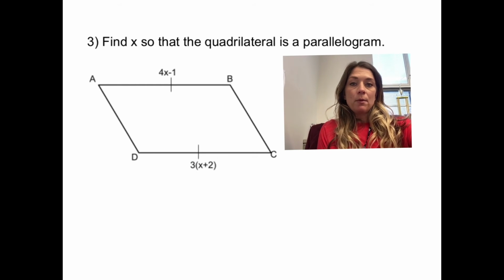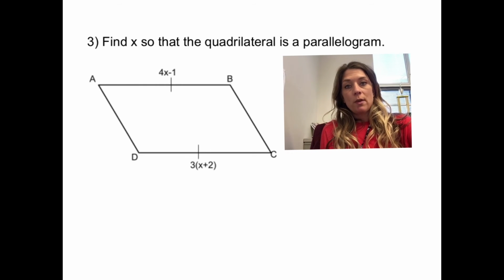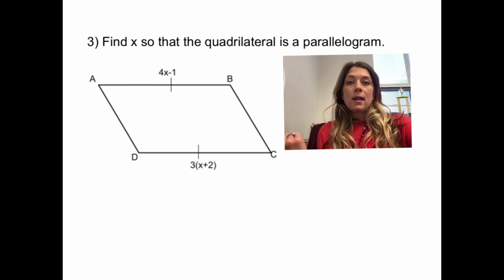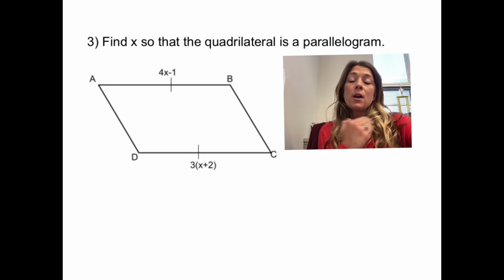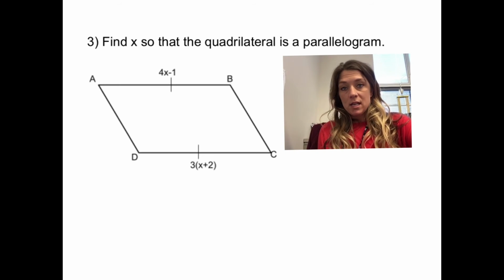The other type of problem we're going to see in this lesson is where we are being asked to find a value for x that would make the quadrilateral a parallelogram. We have seen problems like this before back in the chapter that dealt with proving the lines being parallel or not, where we had to find a value of x in order to make that happen. And remember that when we do that, it's really just assuming that it is what we want it to be.